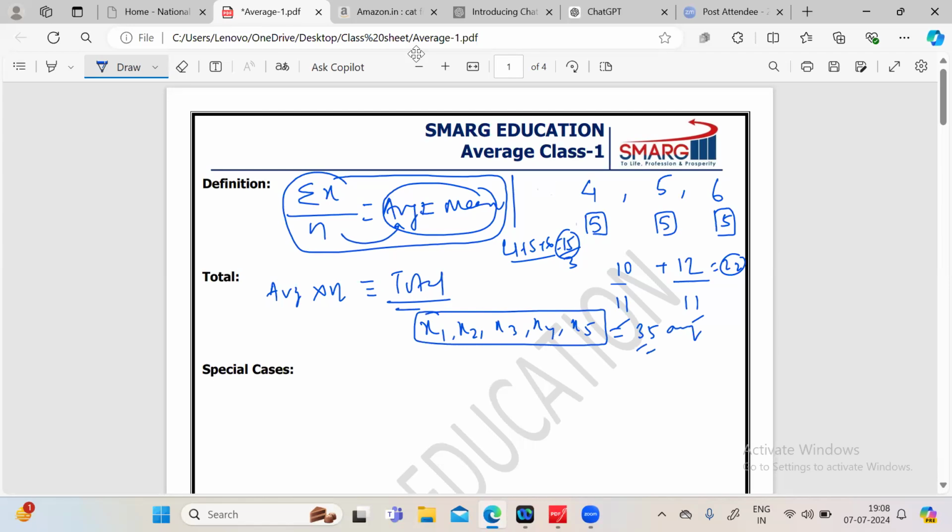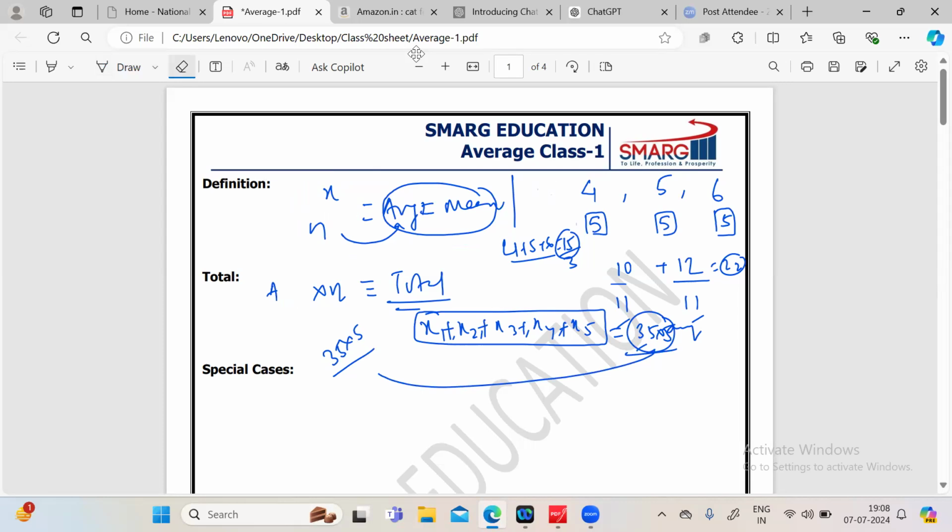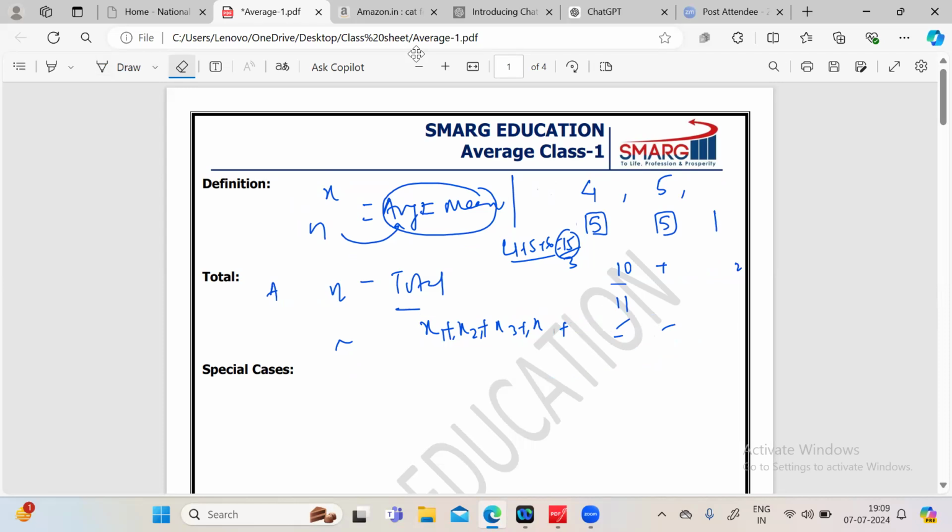Total will be 35 into 5. Either you will multiply 35 into 5 or you add everyone, you will get the same result. Okay. So with this definition, calculating average becomes easier in many cases.